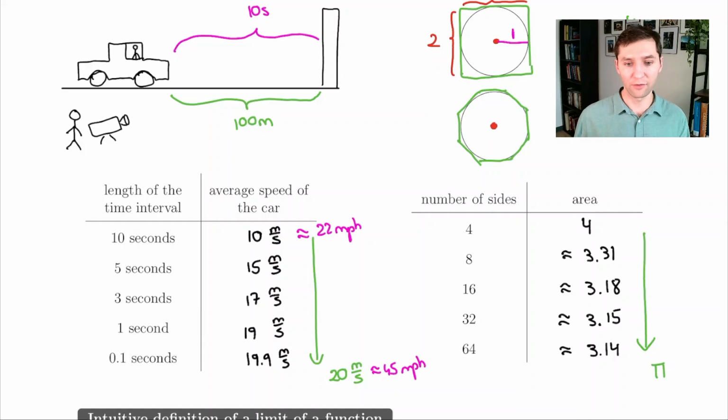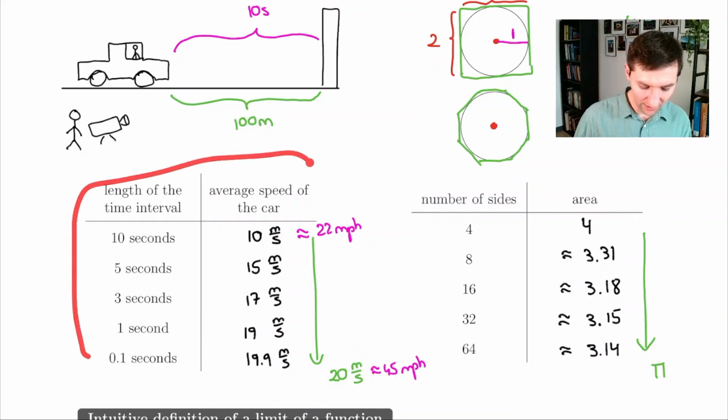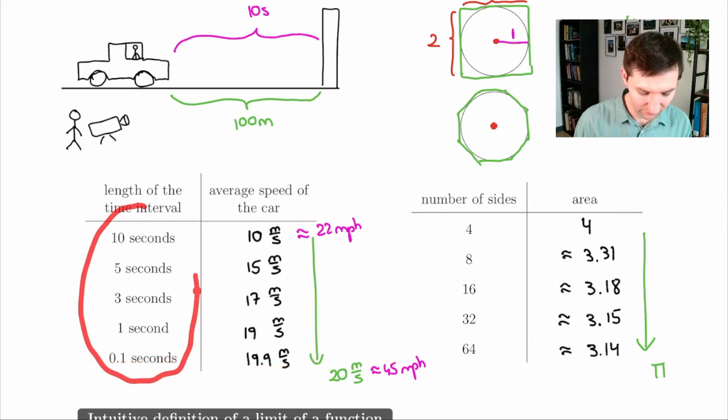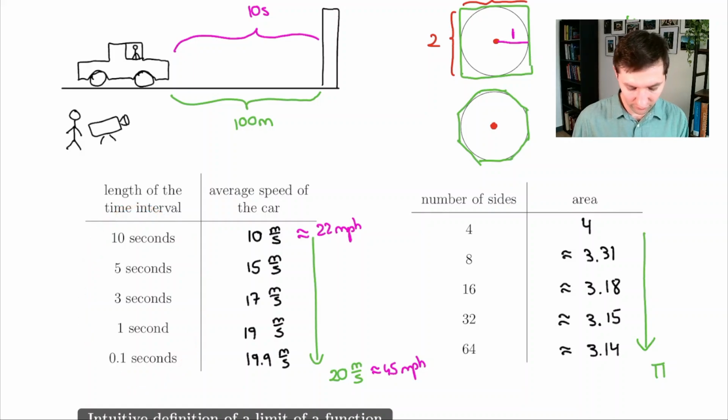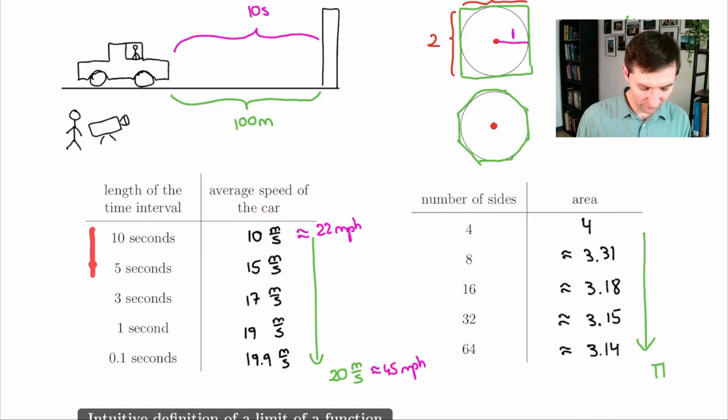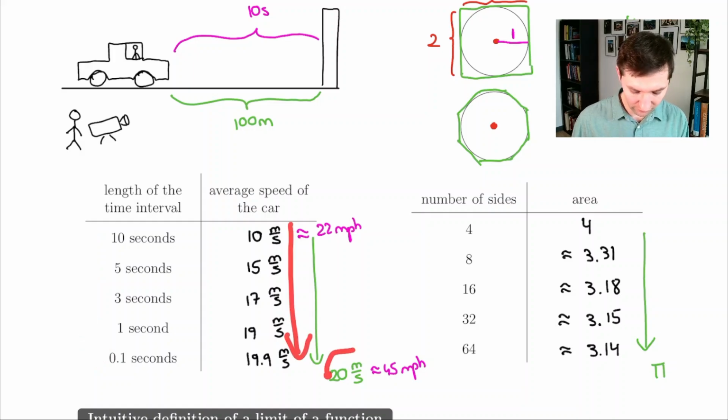Now, instead of thinking about these numbers as limits of sequences, I want you to first think about this table as a function. In the first column, you have inputs of your function. In the second column, you have outputs of your function. As inputs of your function get closer and closer to 0, the outputs get closer and closer to 20.